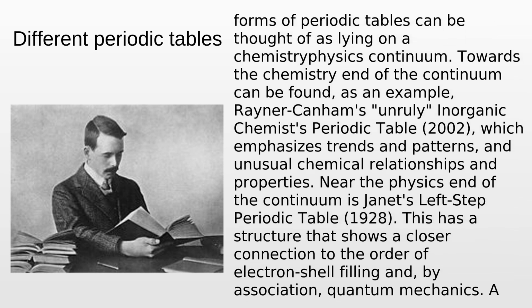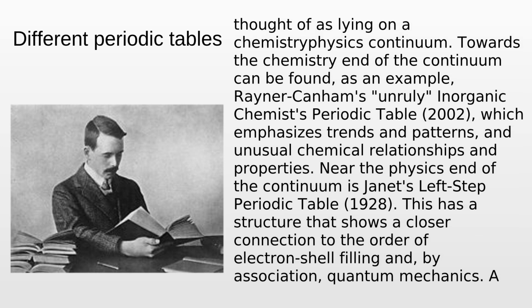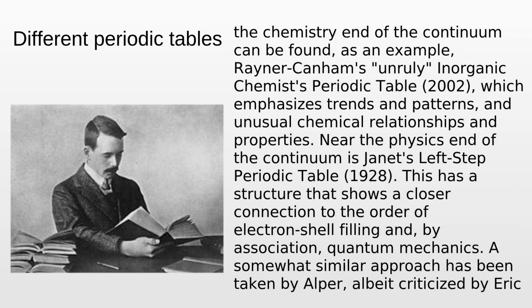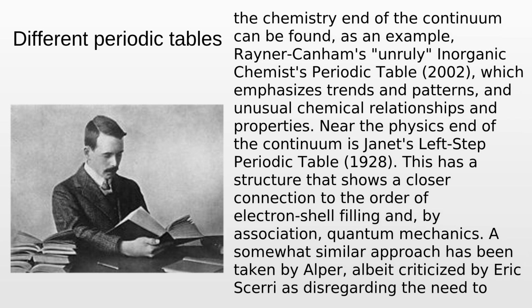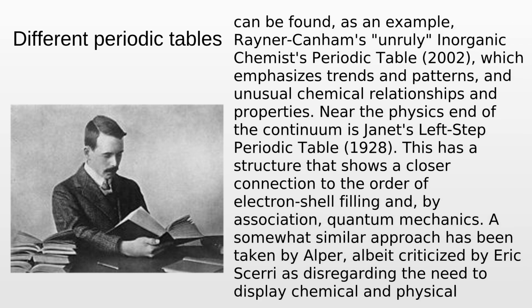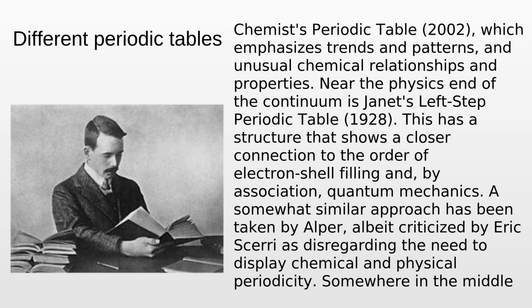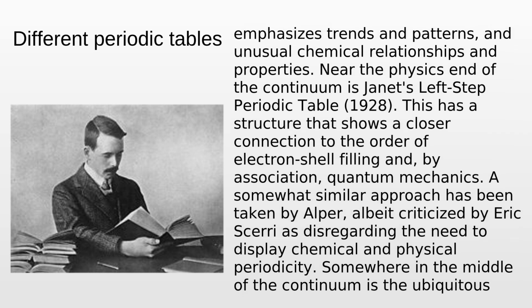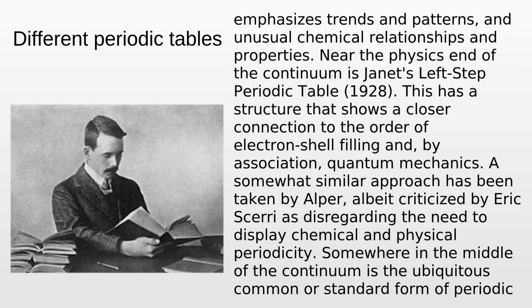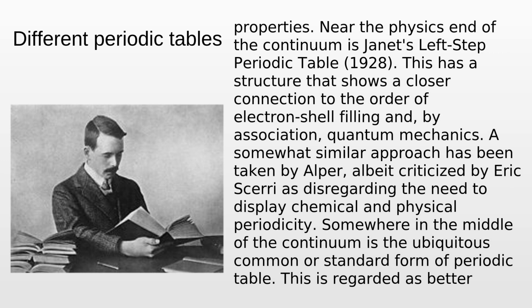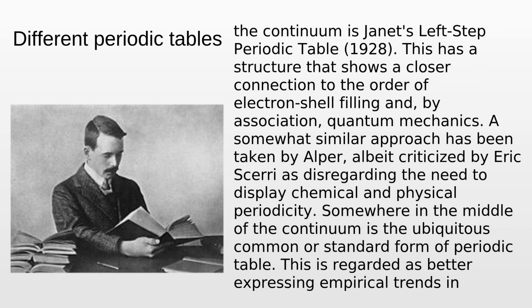The various forms of periodic tables can be thought of as lying on a chemistry-physics continuum. Towards the chemistry end of the continuum can be found, as an example, Rayner-Canham's Unruly Inorganic Chemist's Periodic Table, 2002, which emphasizes trends and patterns, and unusual chemical relationships and properties.